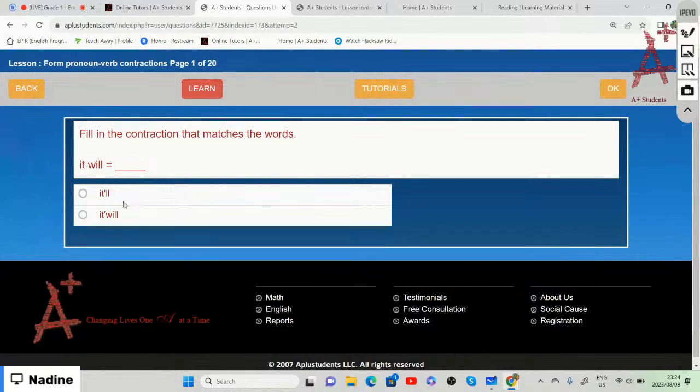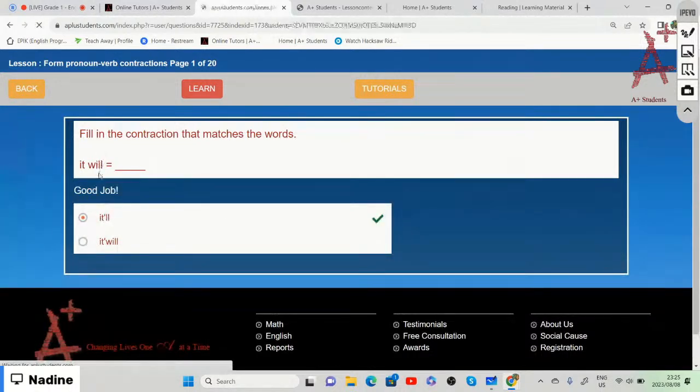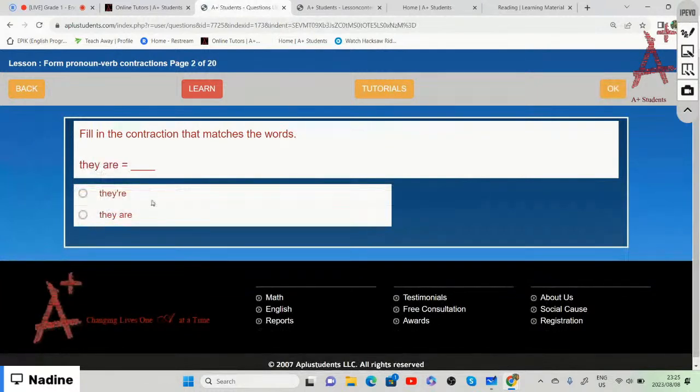So is it it apostrophe double L, or it apostrophe will? We need to find the contraction, or the short form, of the two words it will. And if we find it, then we can say it'll. Not the second option. And the apostrophe is there to show that we left the W and I out.